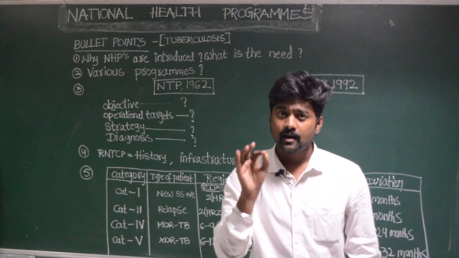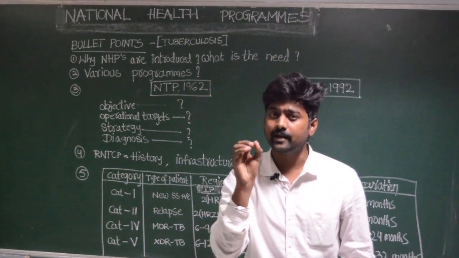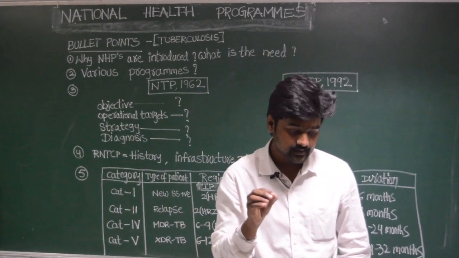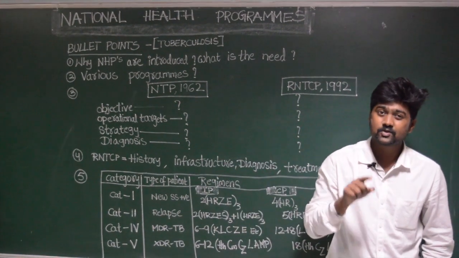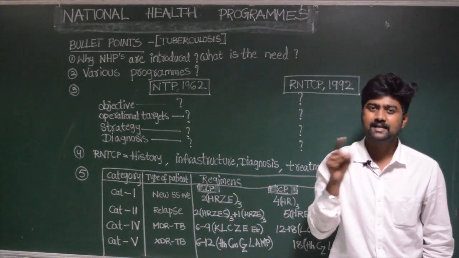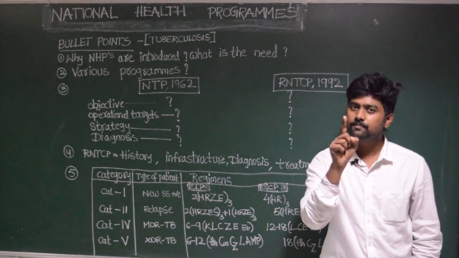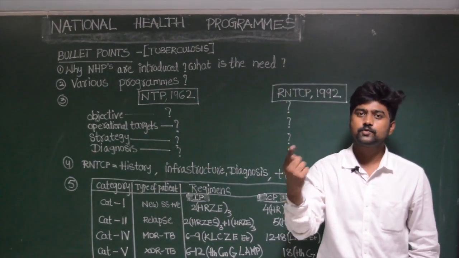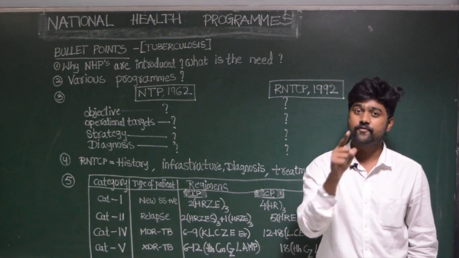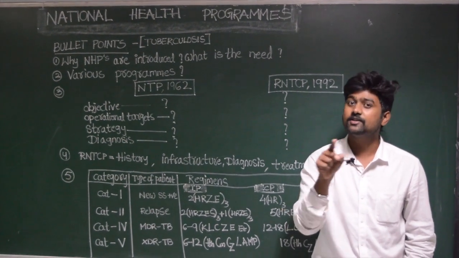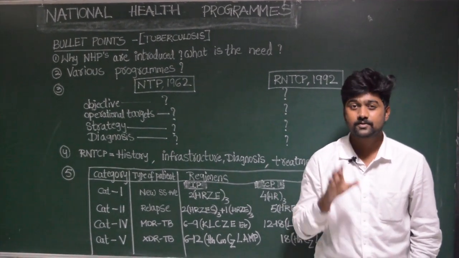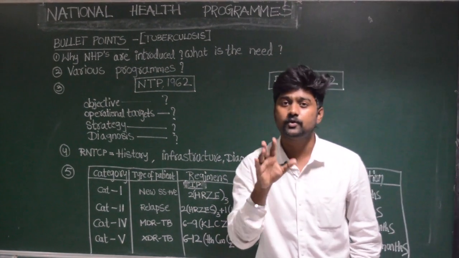Do you know that a person who is infected with Mycobacterium tuberculosis is capable of infecting 10 to 15 persons in a year, if he is not treated well? So it is a major issue we need to look after.